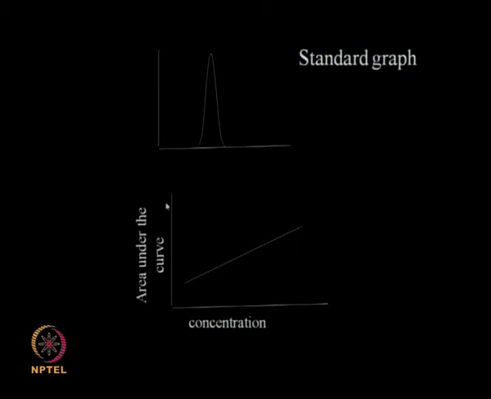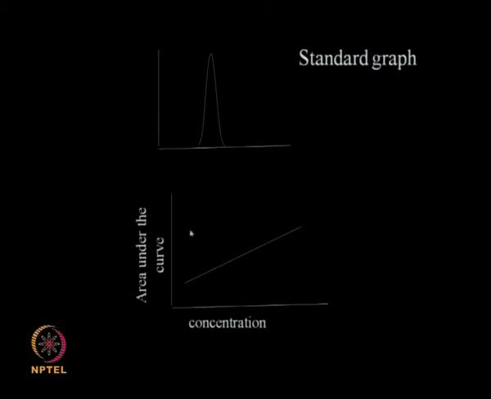Once you do that, you should get a good straight line. If you do not get a good straight line, then that means you are not operating in the linear range of the response of the HPLC. So maybe if you are using very large concentration differences, you will not get a linear response. So it is always good to operate in the linear range.